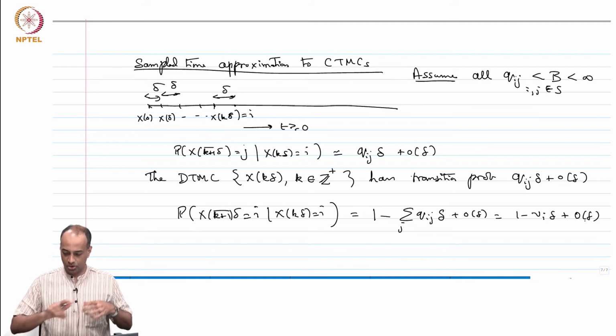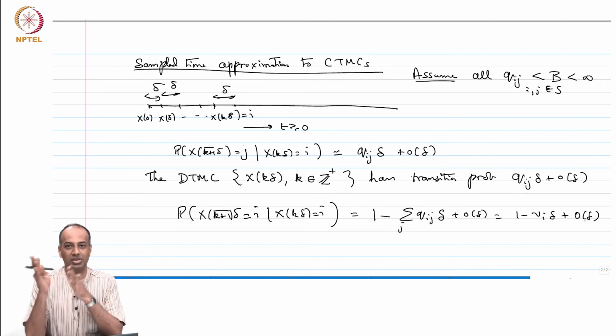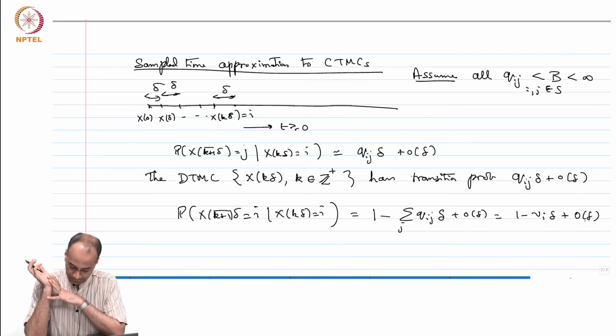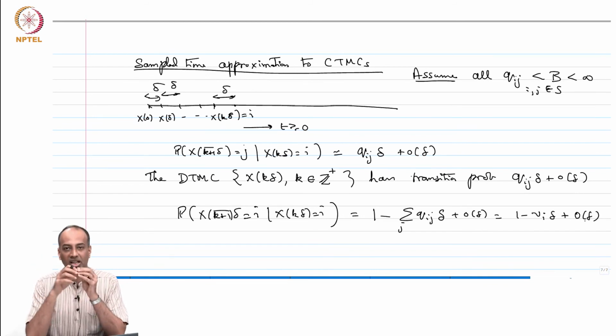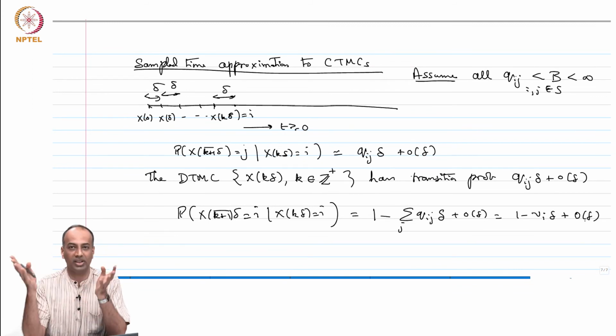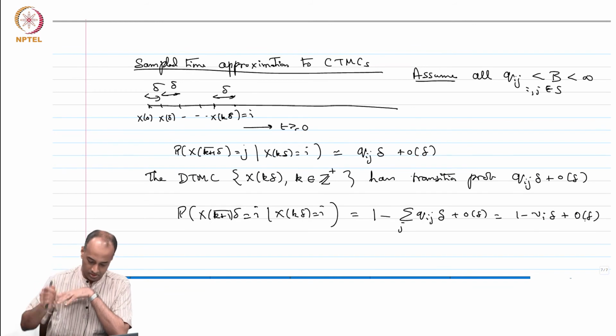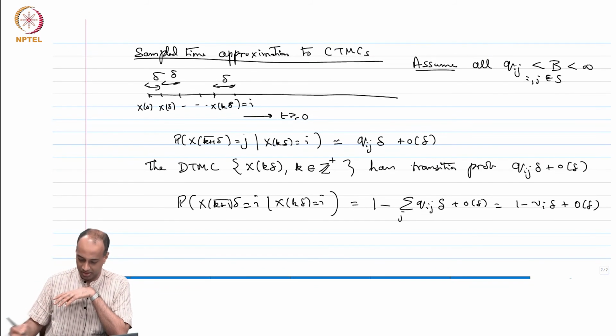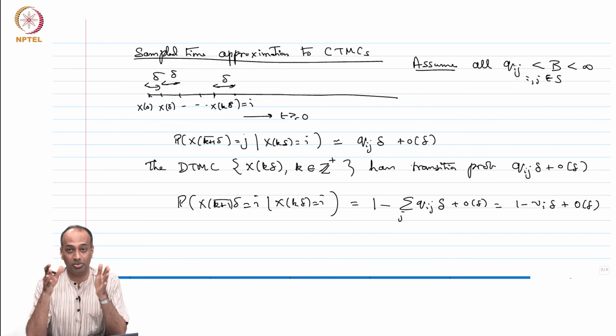okay. So, if you look at this time sampled Markov chain, you have transitions from state i to state j with probability Qij delta in these little delta intervals, and no transition to some other state, that is, you remain in the same state with probability 1 minus nu i delta plus little o(delta). So, I want to make this very clear: the sample time approximation to the CTMC, which is this DTMC, will have self transitions, alright.